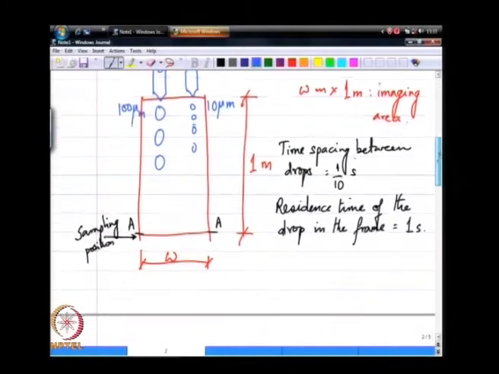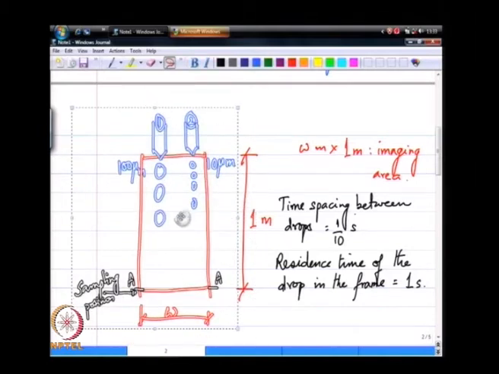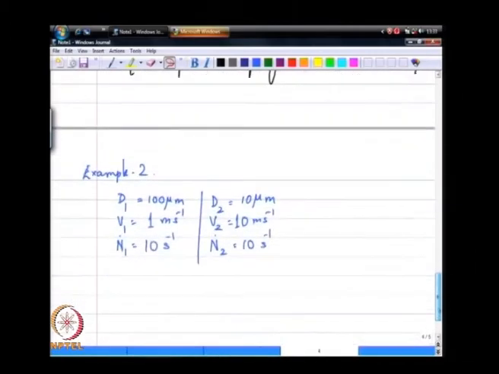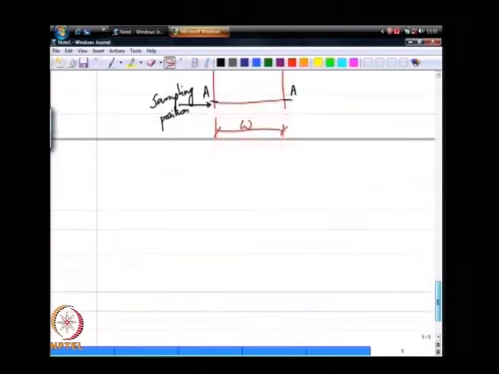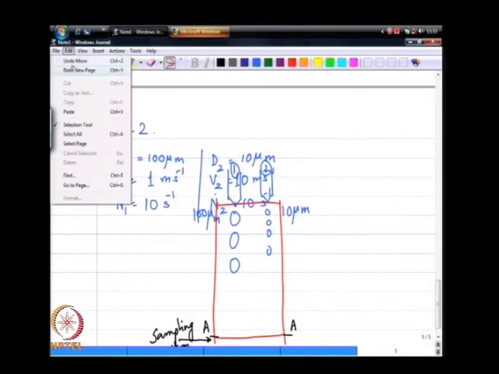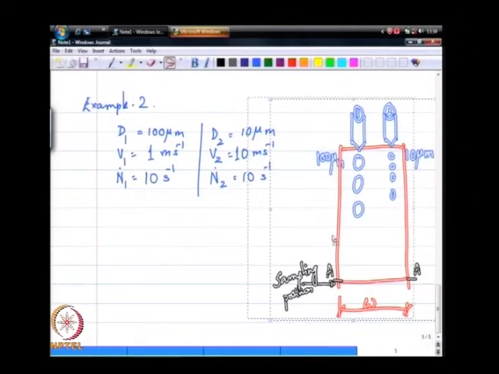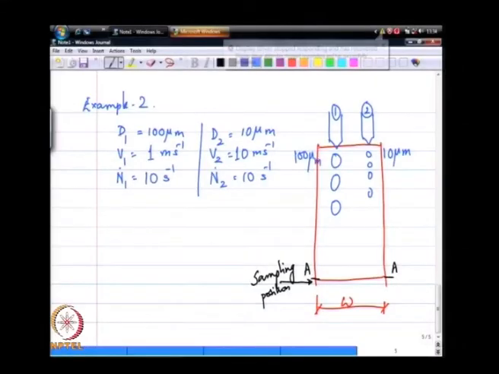So, now if the drop is moving fast, and I will go back to the same exact spatial, now the drops are moving fast, these drops are moving at 10 meters per second, in relation to these drops that are only moving at 1 meter per second.